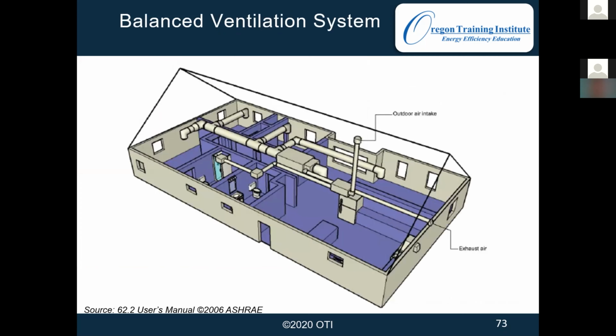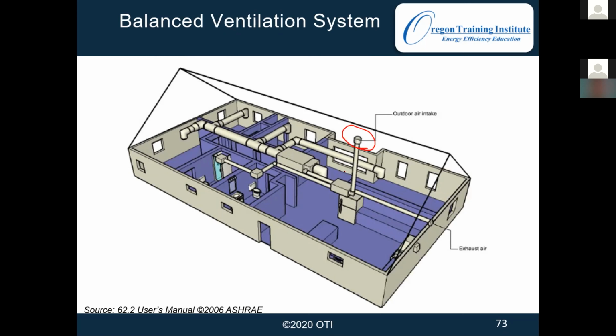So this is giving us a more detailed look at a HRV or ERV that's been installed with the forced air furnace. So we're capturing or bringing in the fresh air from up on the roof.